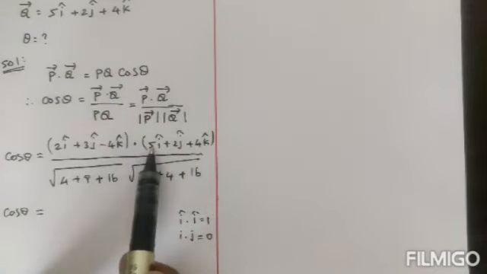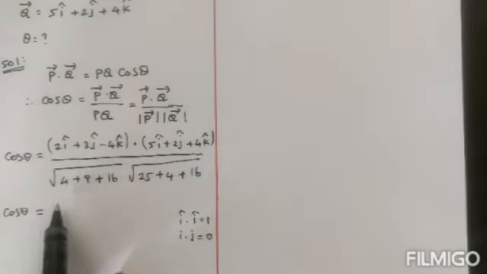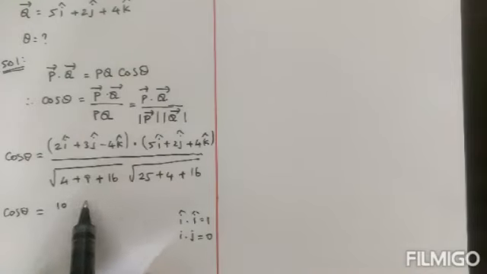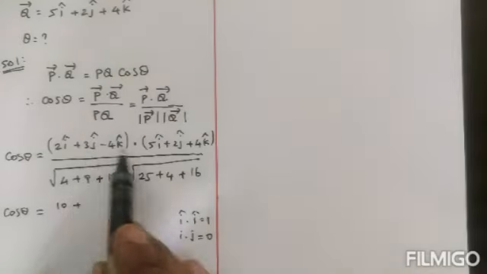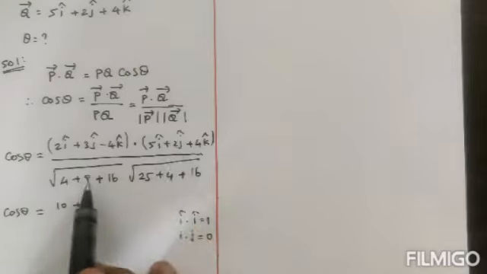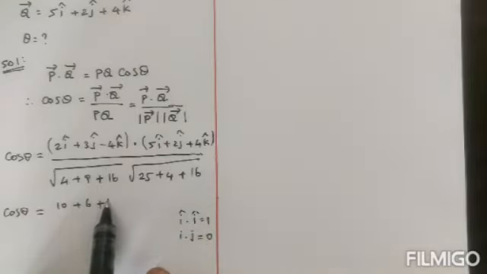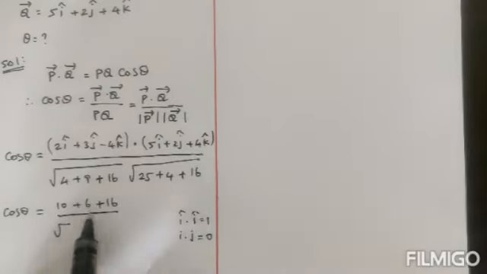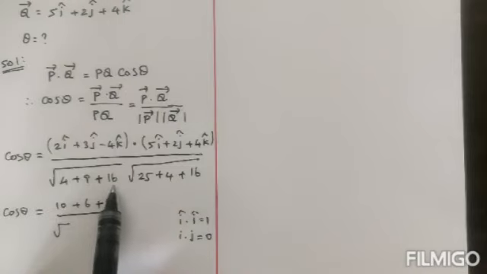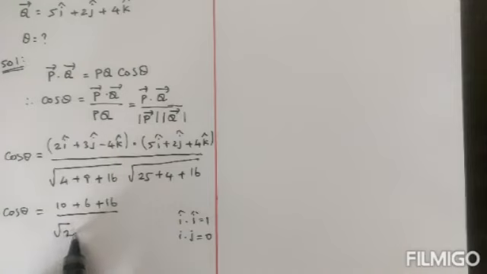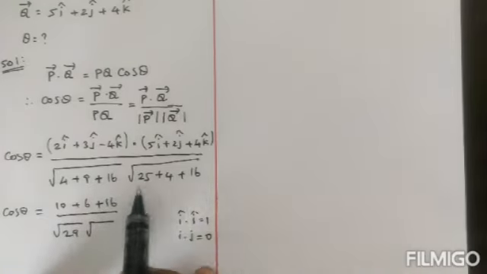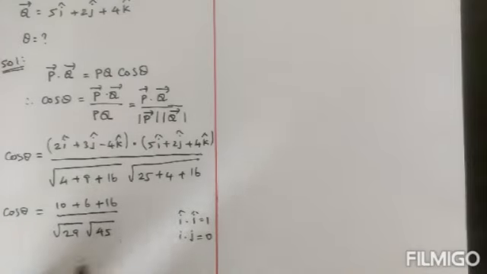So 2 into 5 is 10, plus 3 into 2 is 6, minus 4 into plus 4 is minus 16, divided by root of 16, 20, 29, root 29, then 20, 45, root 45.